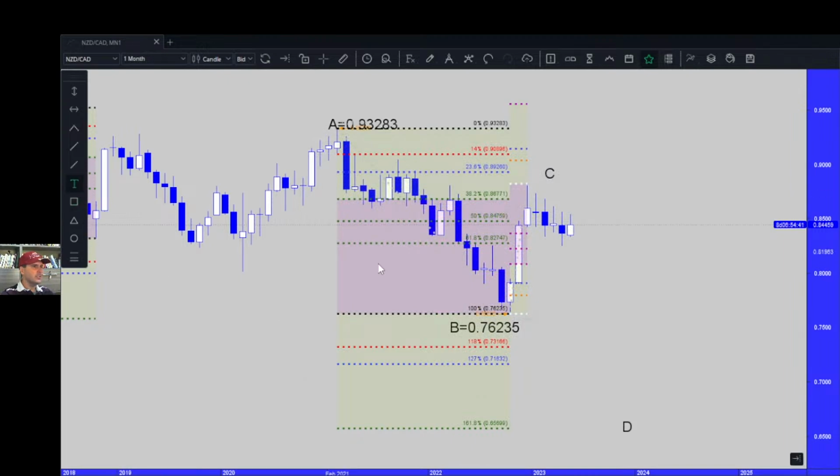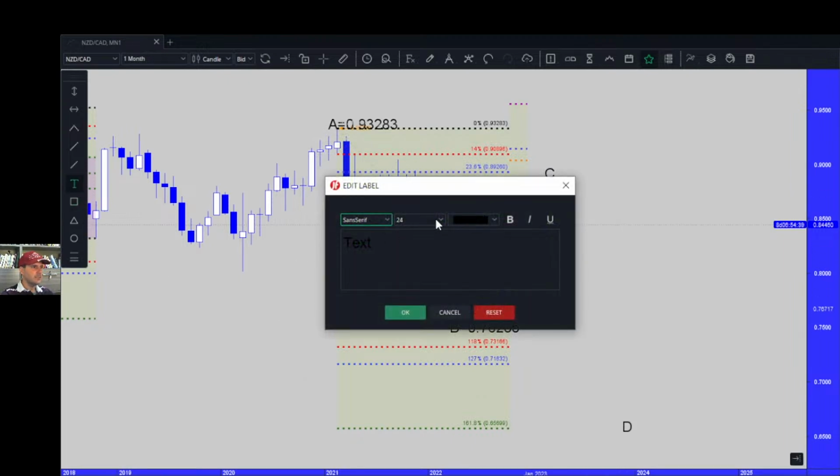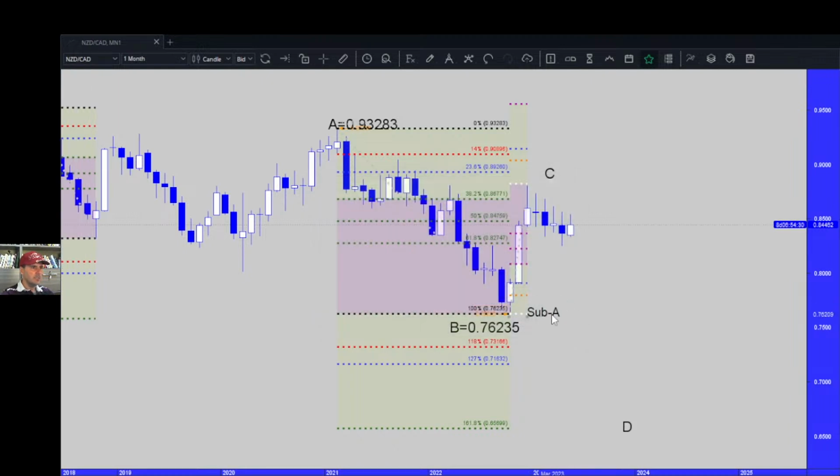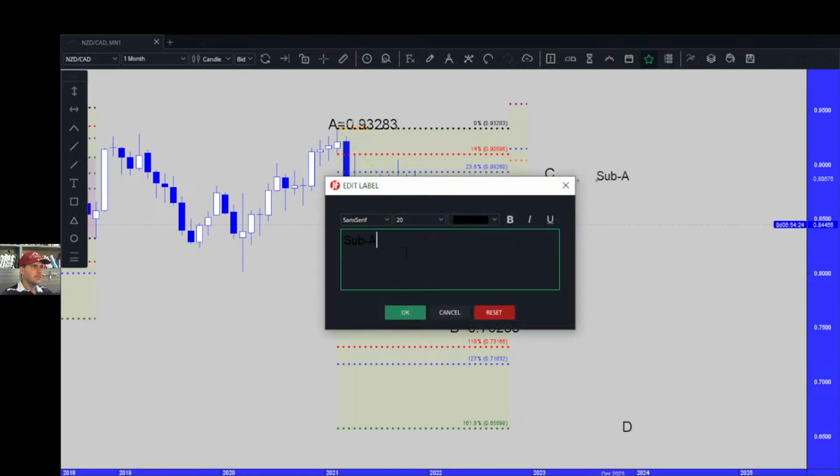Alright, and then we are going to name it sub A, maybe a little smaller, like 20. This is going to be sub A. In here, the capital B equals sub A. Clone, double click.